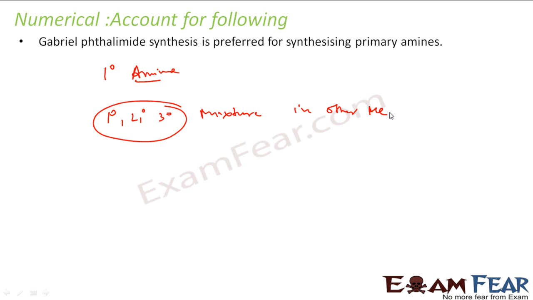But in this method, we get only 1 degree amine. So it's almost pure. You don't have to separate. So this method is used. Correct?